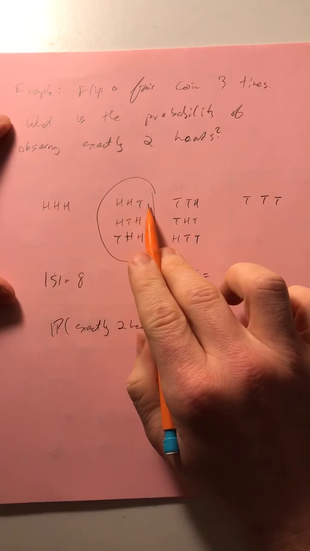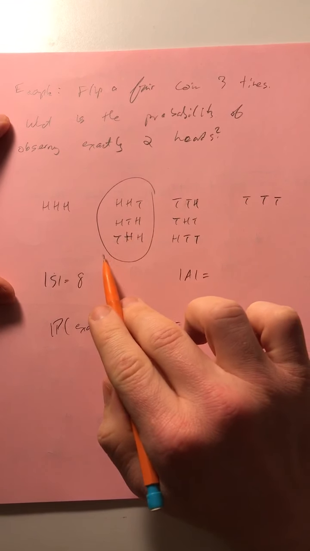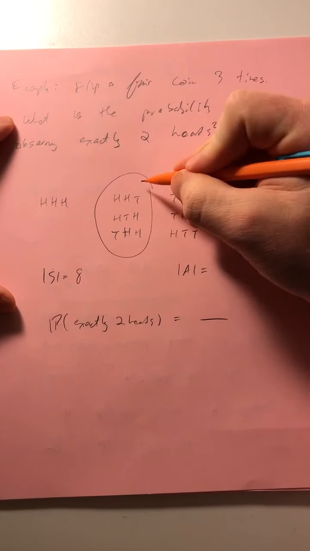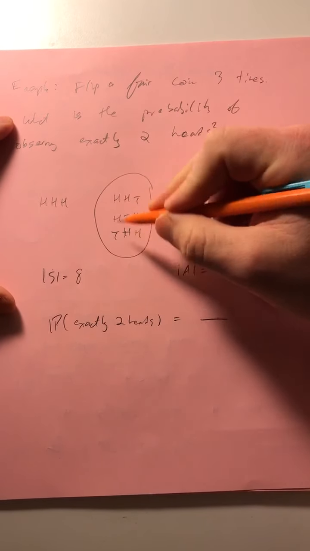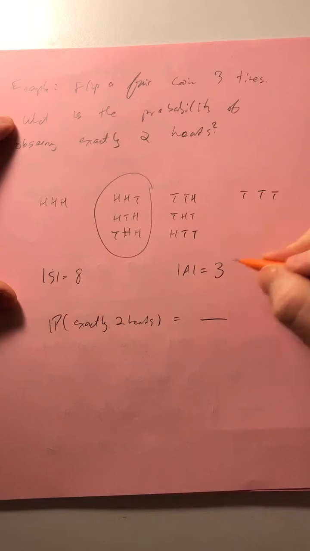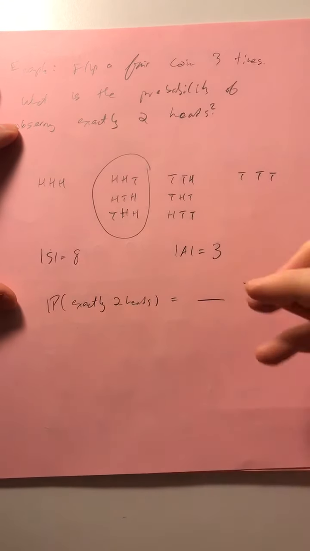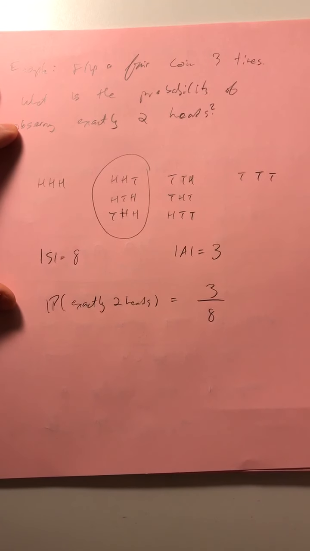Okay? Heads, heads, tails is one of those outcomes. Heads, tails, heads is another one, and tails, heads, heads. Okay. So the event of interest consists of these 3 possible outcomes. So the probability of getting exactly 2 heads is 3 out of 8.